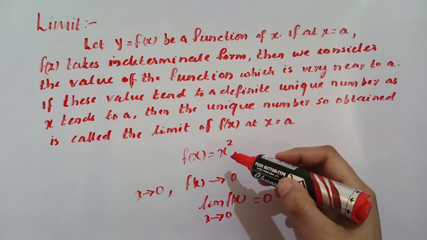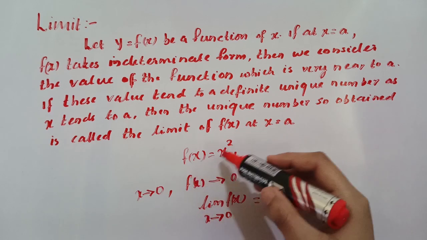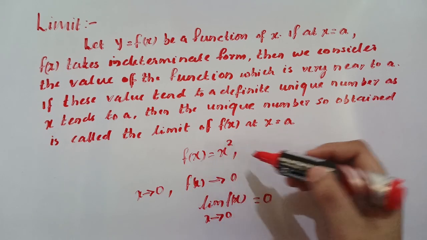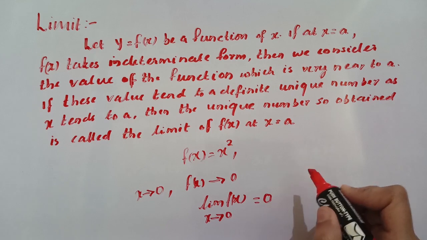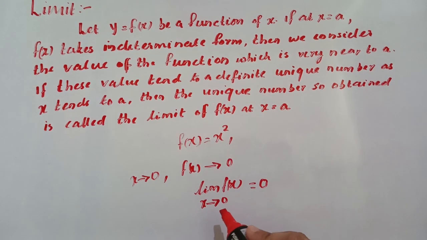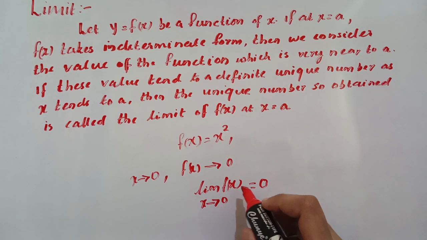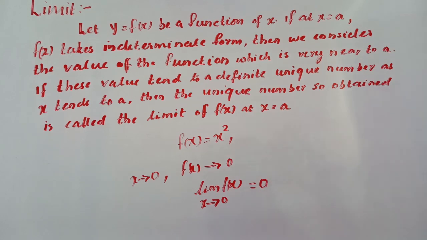That is, for this f of x equal to x square, if x equal to 0, then it is 0 square, the answer is 0. It is read as limit of f of x as x tends to 0 equals 0.